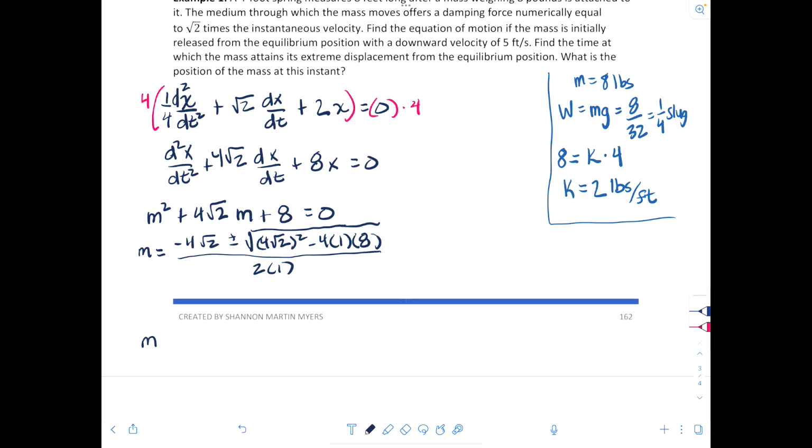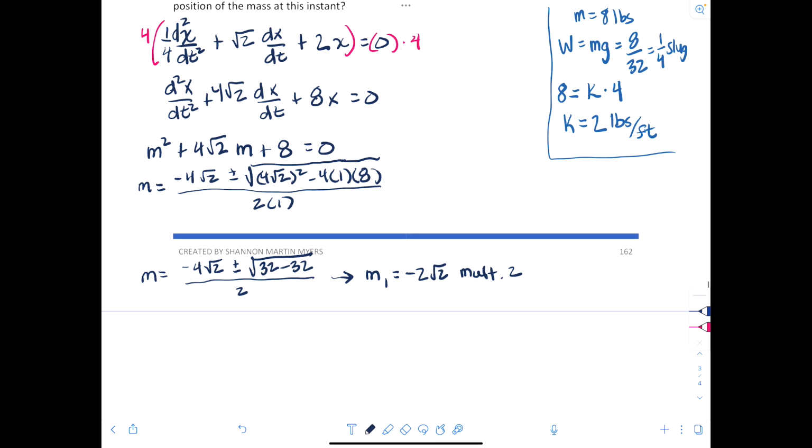So we'll get m equals negative 4 root 2 plus or minus the square root of, that's going to be 16 times 2, which is 32, minus 32. So we'll have one root with multiplicity, right? So m1 we'll say is equal to negative 2 root 2 with multiplicity of 2.